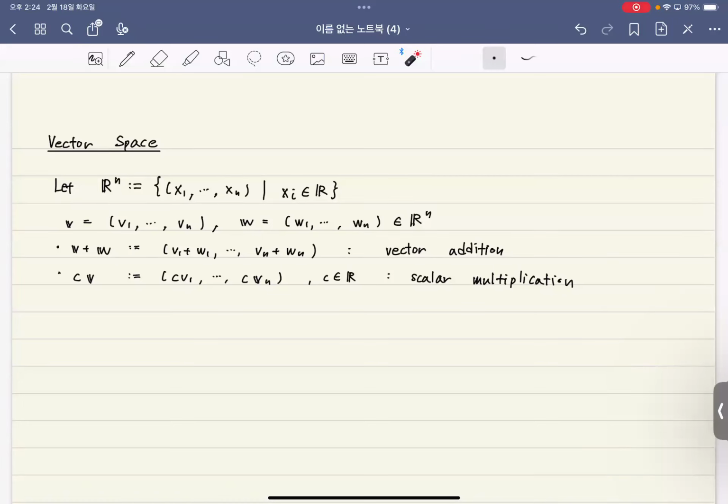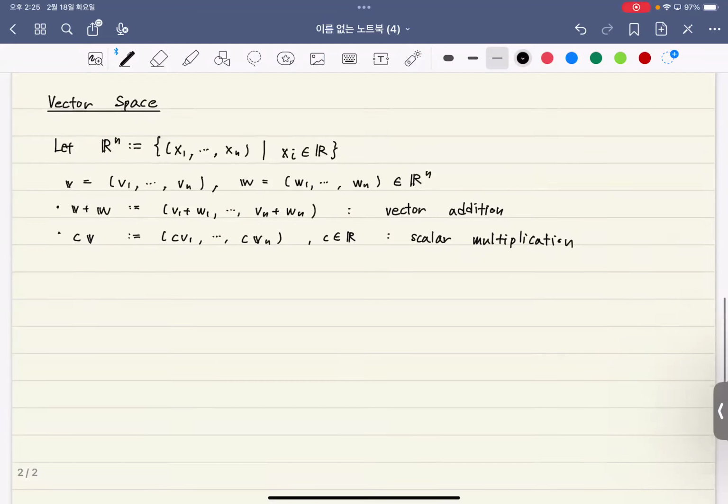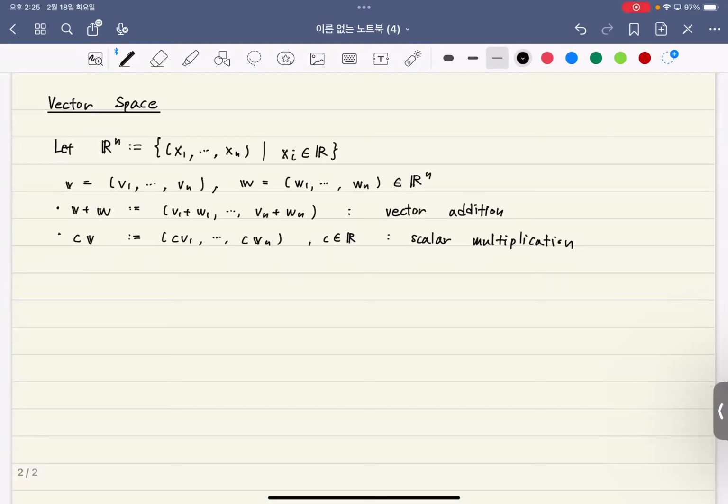So these are two basic operations in this space. And then between the vector addition and scalar multiplication, I have these 9 very elementary properties.